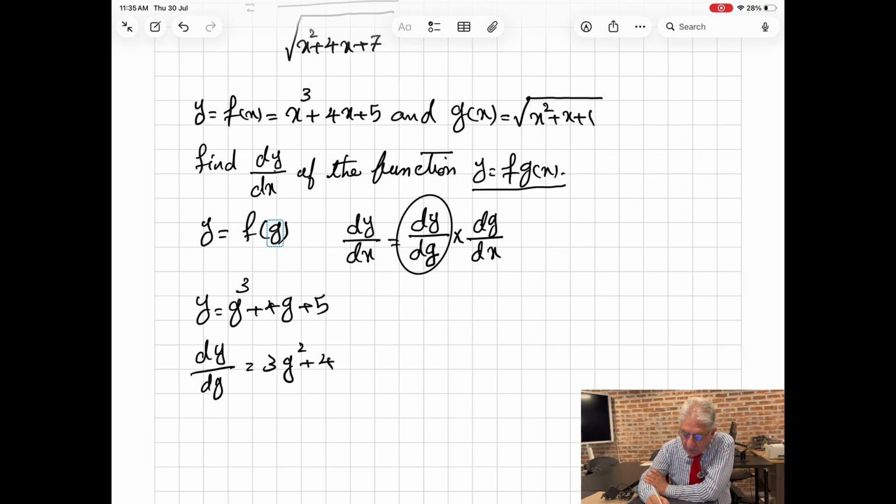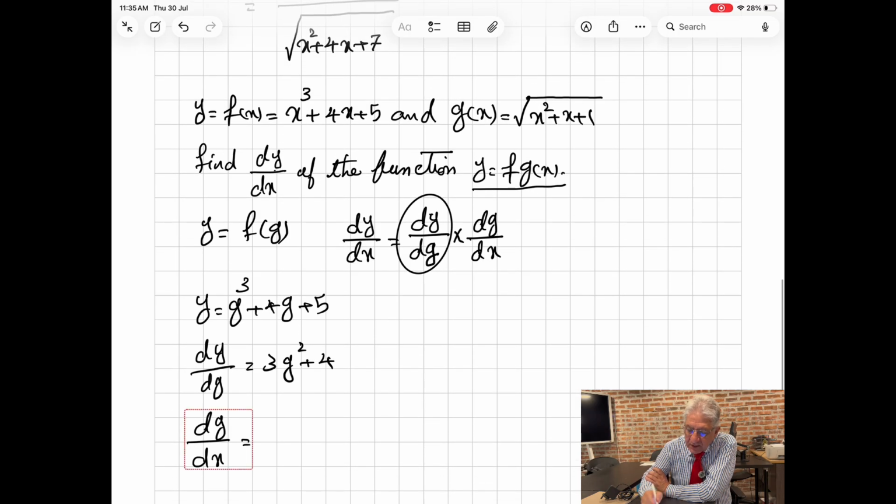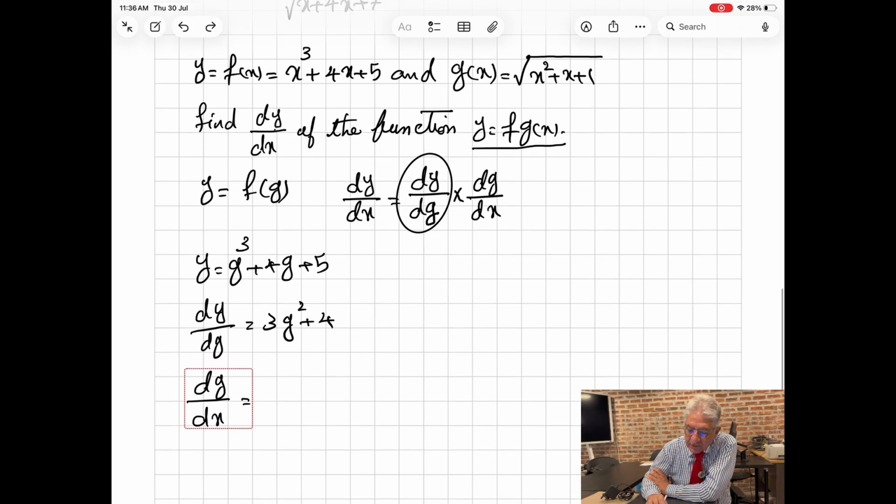Now let us see what is dg by dx. This is our g, the power is half, so I can differentiate that one.